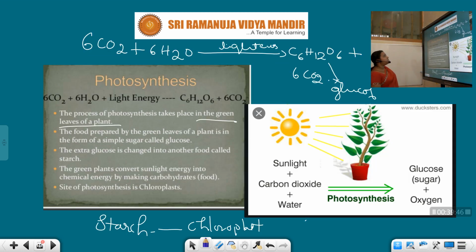So this is the photosynthetic reaction: 6CO2 plus 6H2O gives rise to glucose and oxygen. Oh, sorry, it's not carbon dioxide, it's oxygen. And the molecular formula of glucose is C6H12O6.